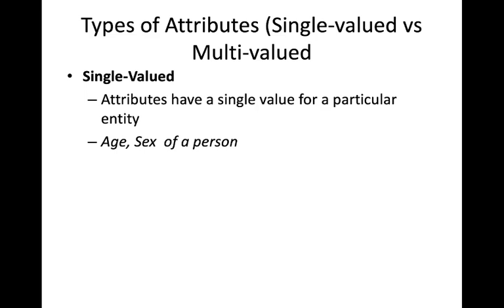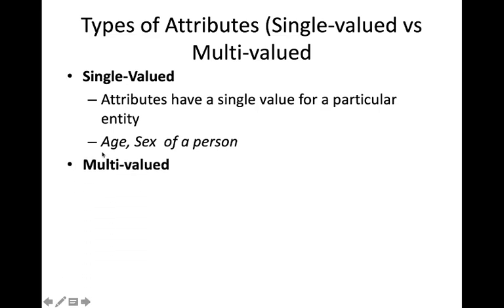Or the sex of a person: male, female, or third gender. A person cannot be given both male and female values. We cannot have multiple values of age for a particular person, so it is known as a single-valued attribute.